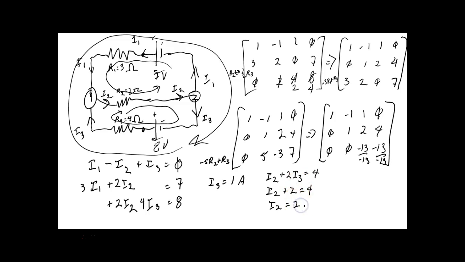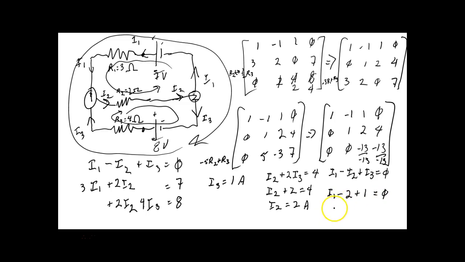2 amps. Okay? And now we go to the first row, and that tells you what? I1 minus I2 plus I3 equals 0. But we know what I2 is. It's 2, so that's minus 2 plus 1 equals 0.